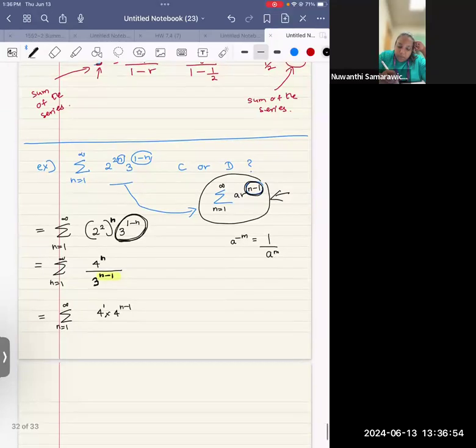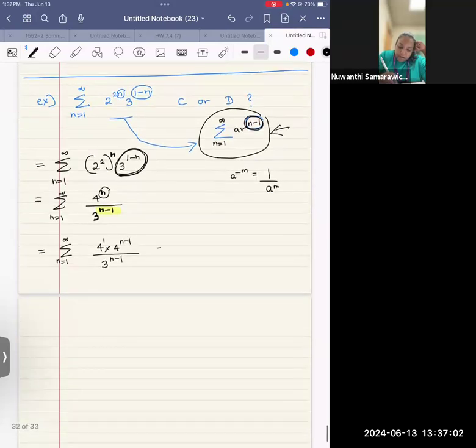If you add the exponent, you get n. And this is 3 to the power n minus 1. Now we can write it like 4 over 3 to the power n minus 1.